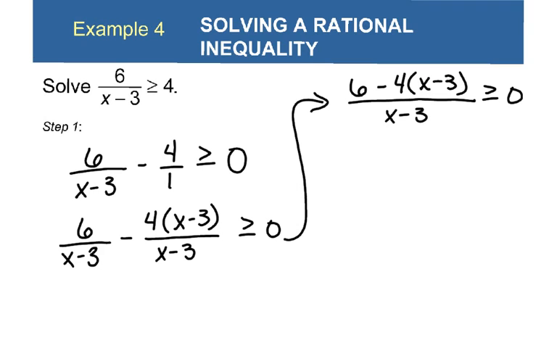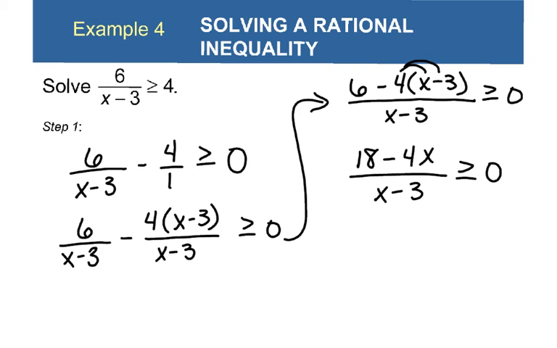Okay, so let's put together all of this. I'm going to distribute, and I'm going to skip a step. We end up with 18 minus 4x over x minus 3. What I'm going to do in this next step is the reason why we are solving it this way.